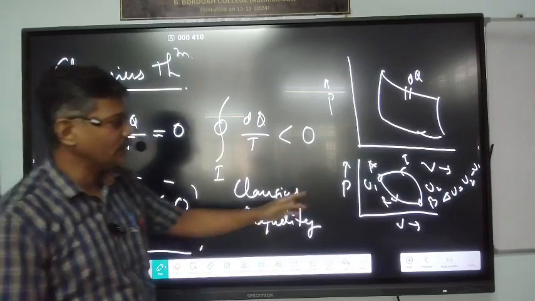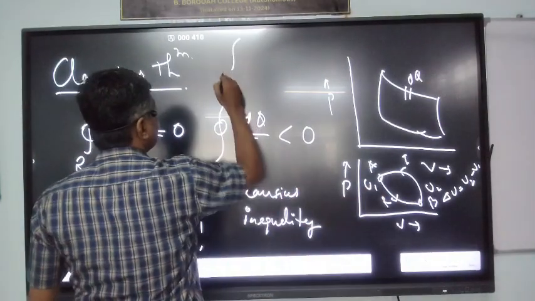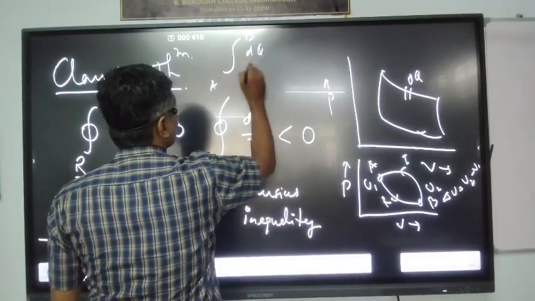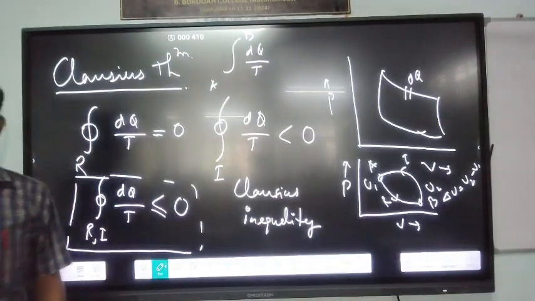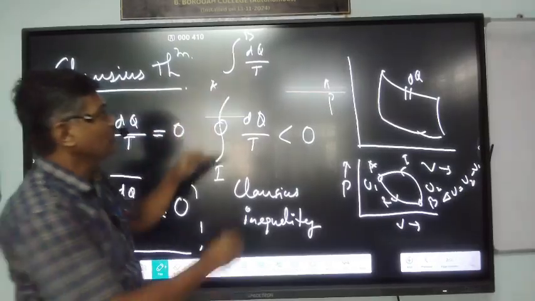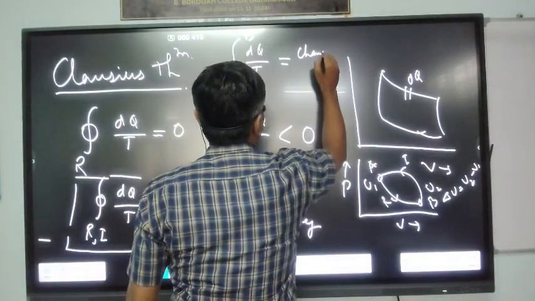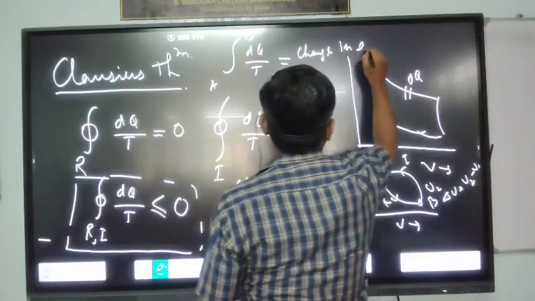But if you go from A to B, that means if you define it like this, যে মই A ৰ পৰা B লৈ গৈ আছো, then I will have some value, and this is called the change in entropy.